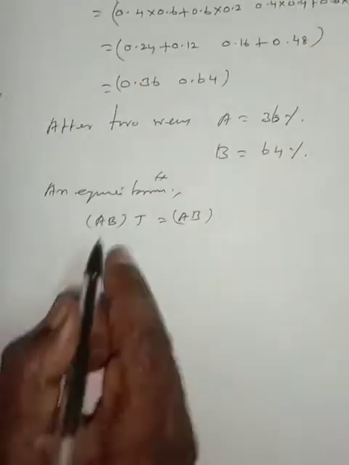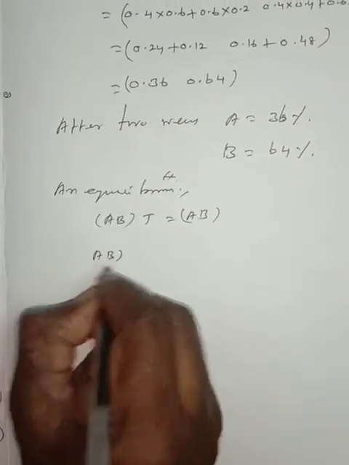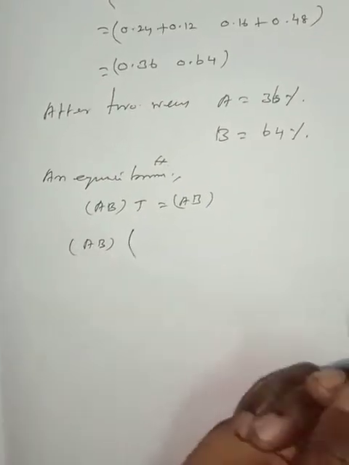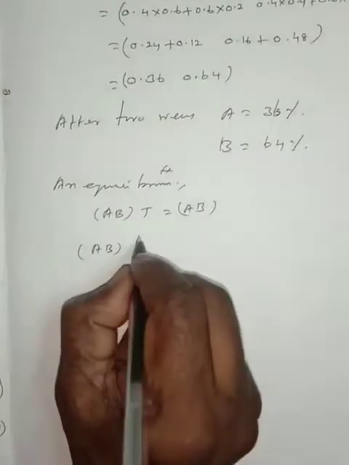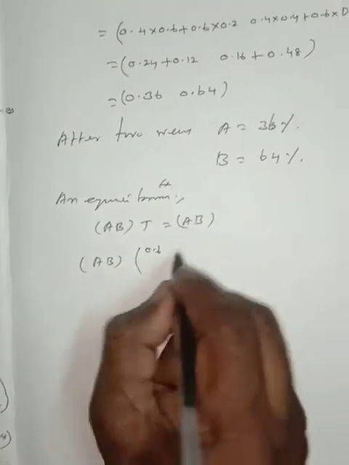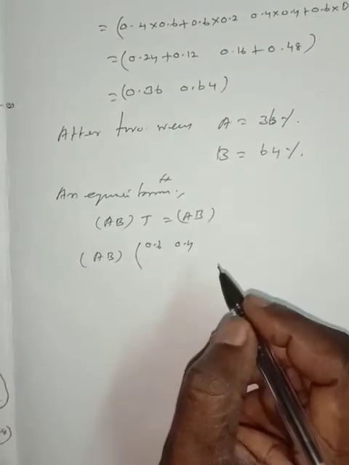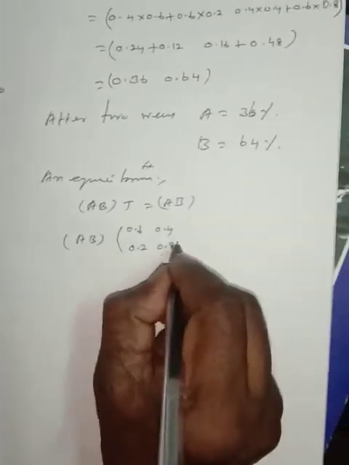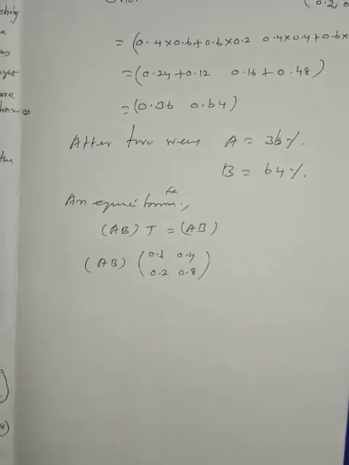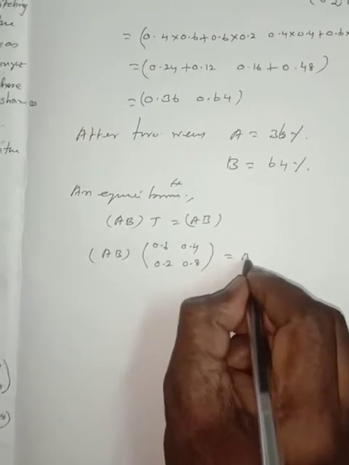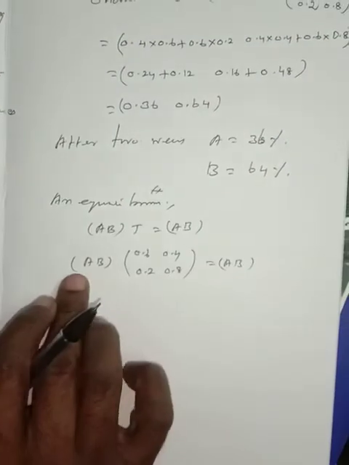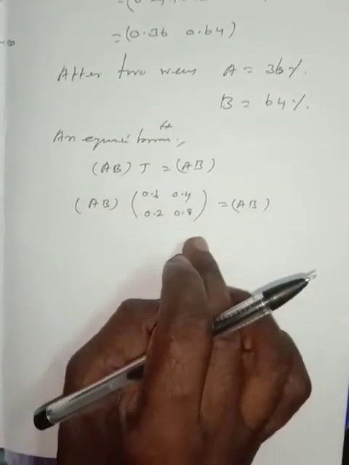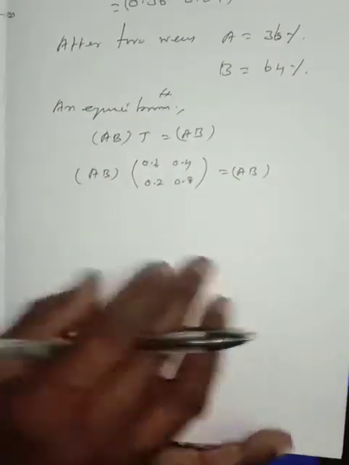The transition matrix is 0.6, 0.4, 0.2, 0.8 is equal to AB. This is a 1 cross 2 matrix, this is a 2 cross 2 matrix. Product gives 1 cross 2, and 1 cross 2 is equal to 1 cross 2.